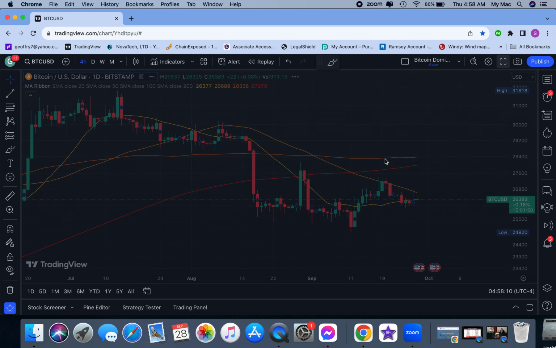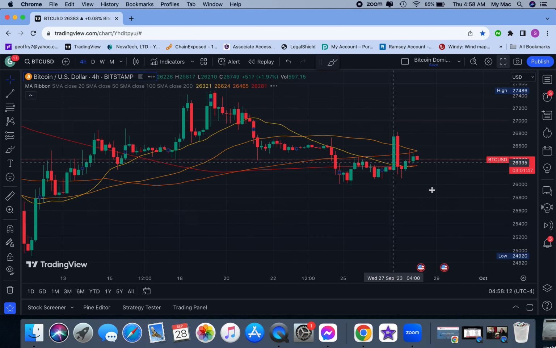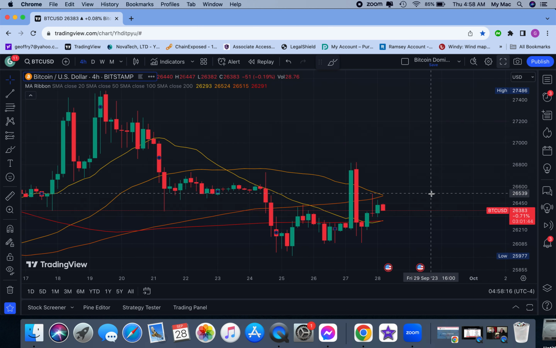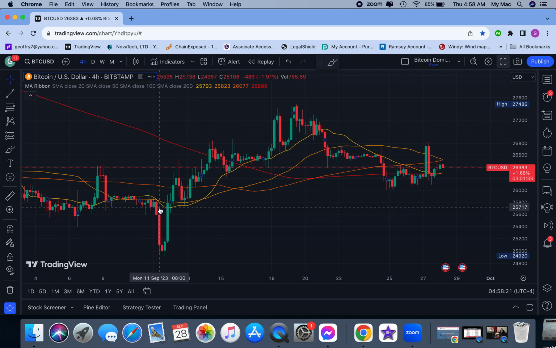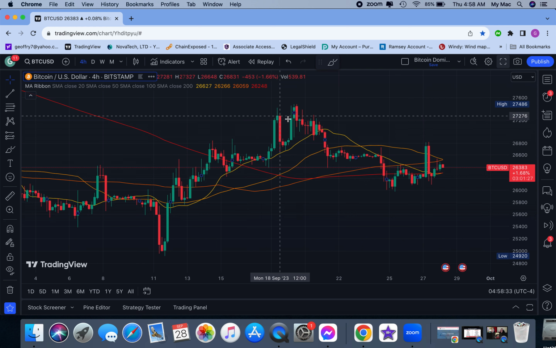So let's zoom into the 4 hour and see what that looks like. You'll see on the 4 hour we were doing good. What happens is if you break below the bands, you pop back up to get back to the band, and if you break above it, and this yellow band breaks above all the others, and then it starts pulling the other bands to cross to the upward direction, you pull back, and as long as you hold it as support, it works as an uptrend line supporting you until you break that support.